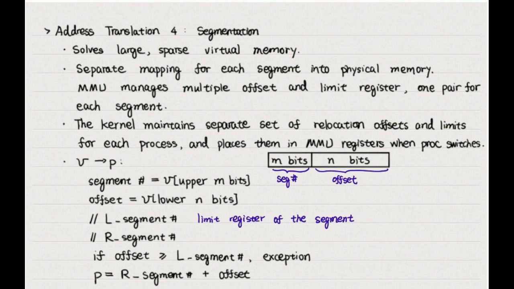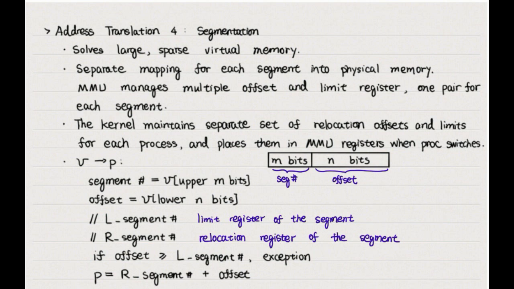R_segment number is the relocation register of the segment. The translation is the same as the dynamic relocation translation.